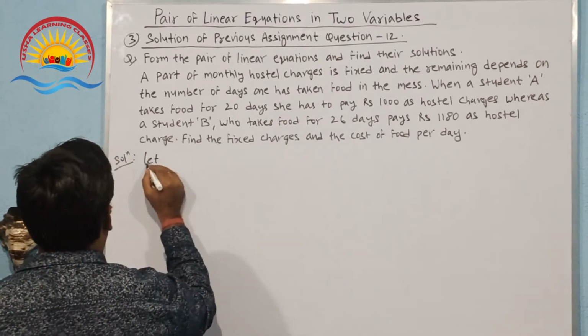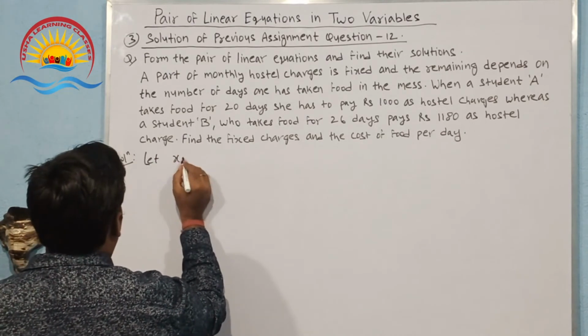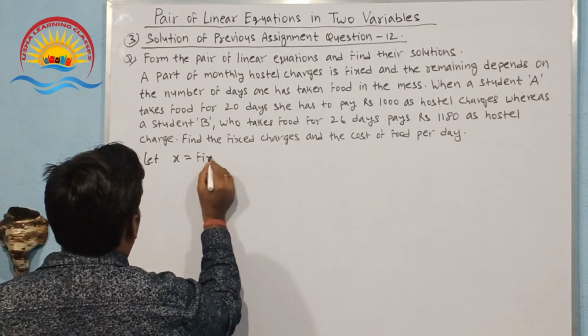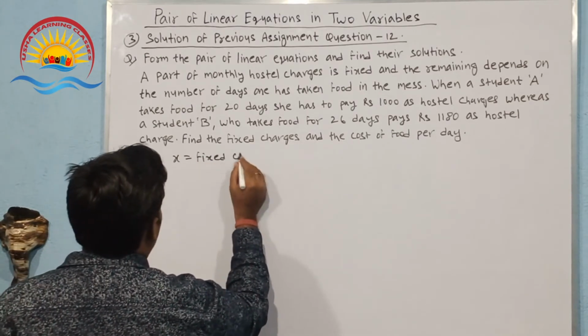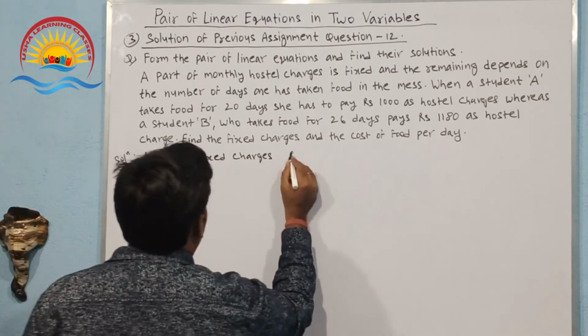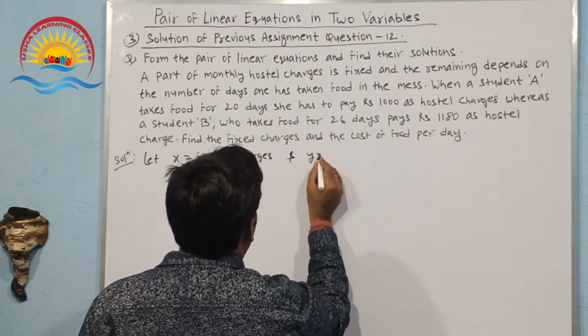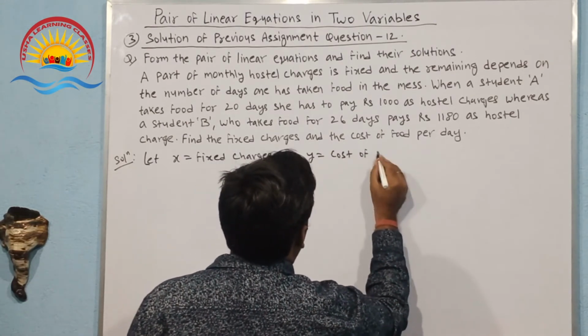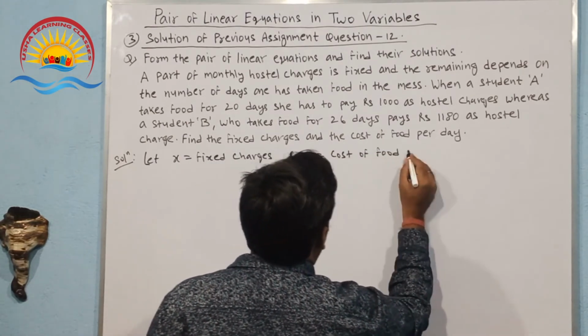Let x equal to fixed charges and y equal to cost of food per day.